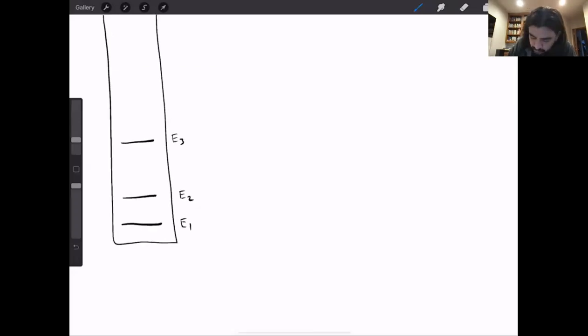Then the next one is way higher, over here, and they just keep going up. There's no limit to how many energy levels there are. You can calculate them, and we just have that E_n is equal to n squared h bar squared over 8mL squared, and that's the same as n squared E1.